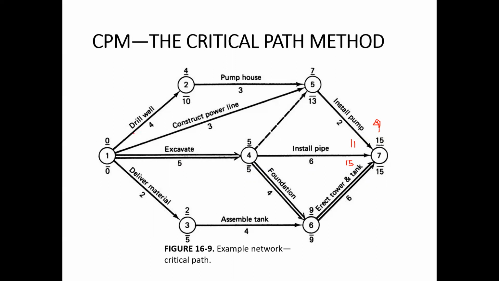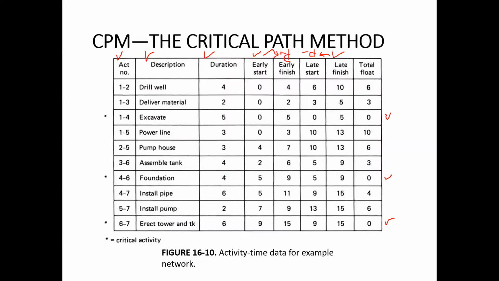So for example, for drill well we calculated a float of 6 days, as I can see over here, because its earliest start time was 0 and its latest start time was 6.